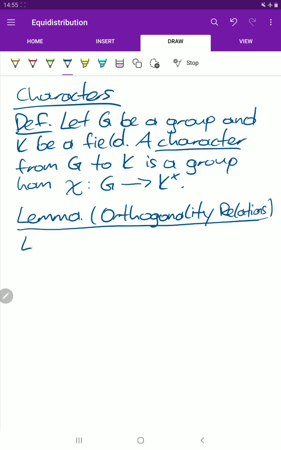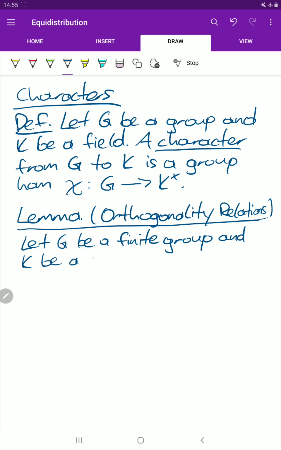Okay, so now, and also in the following, we will always take a finite group G and K, any field.